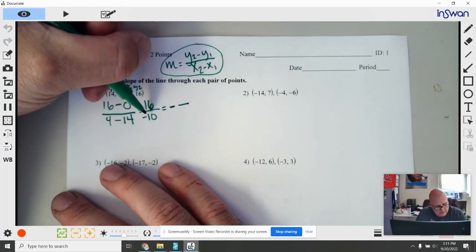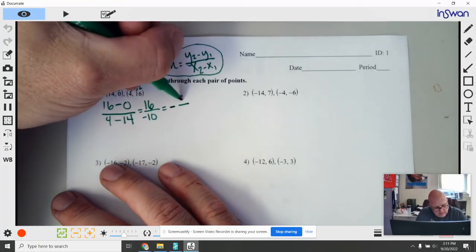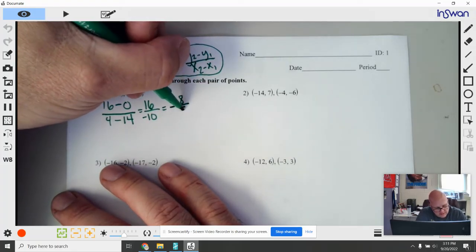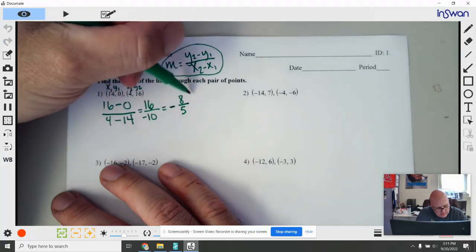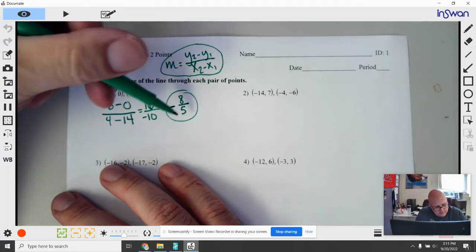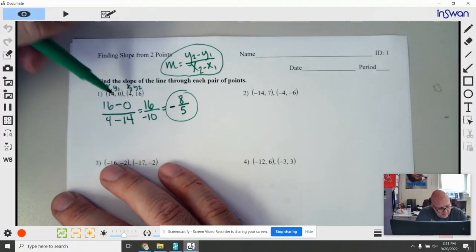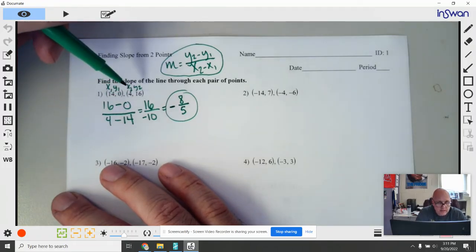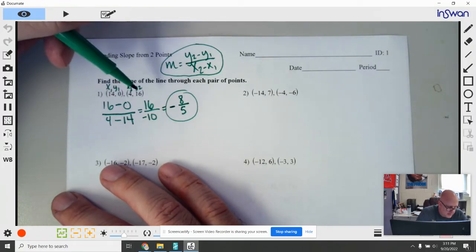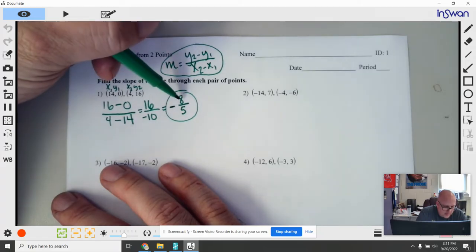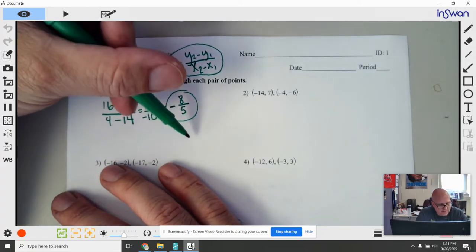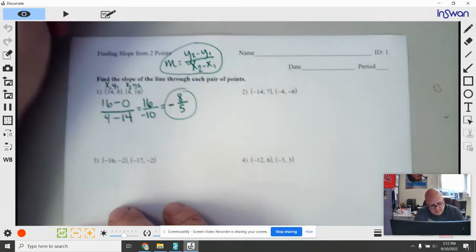And 16 over 10 are both even, so if I cut them in half, that's 8 over 5. So my final answer for my slope between those 2 points is negative 8/5. If I was to graph those 2 points on a line and count, I go down 8 and to the right 5.